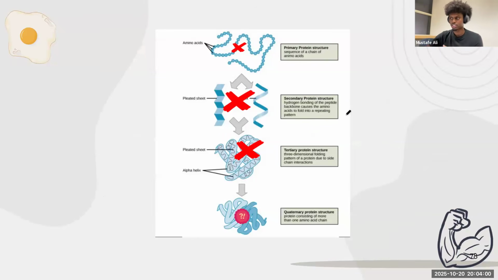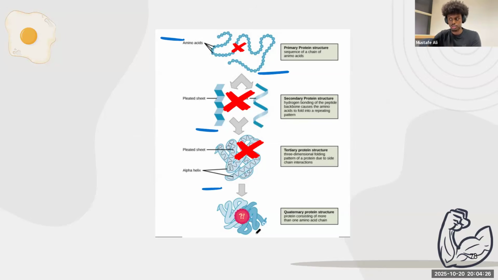Now, again, because there was a substitution in amino acid, it is not being deleted. It's literally just being changed with another amino acid. And we said the primary structure is basically the sequence of amino acids, right? If one of the amino acids is switched with another, the primary structure is affected. Because of that, the secondary structure would be affected, which leads to the tertiary structure being affected.